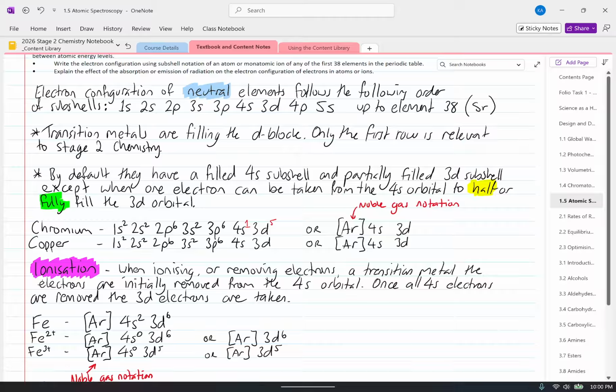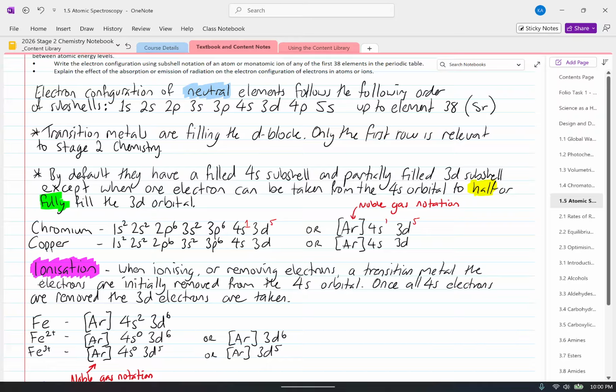Now, if you were using the noble gas notation, where you absorb much of the electron configuration into square brackets with the previous noble gas, in this case argon, you would do the exact same thing, and you'd put argon 4s1 3d5.